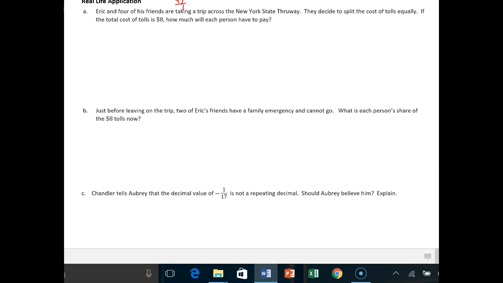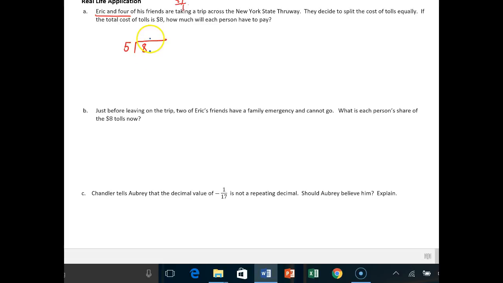So real life application, it says Eric and 4 of his friends are taking a trip across New York State Thruway. They decide to split the cost of tolls equally. If the total cost is $8, then how much does each person have to pay? So Eric and 4 of his friends, that's 5 people, and 5 people want to divide into 8, right? So let's see how much each person has to pay.